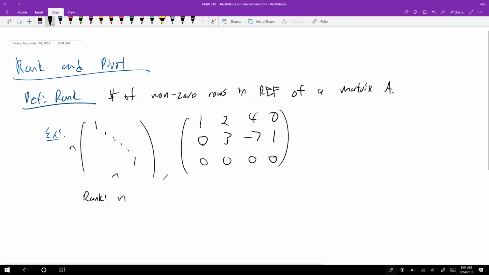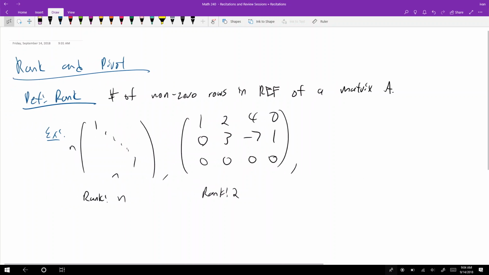What's the rank of this matrix? 2. Notice how it's not technically in row echelon form, but all we had to do was divide that second row by 3 anyways, so we would have gotten there. So that's how we would have known that.